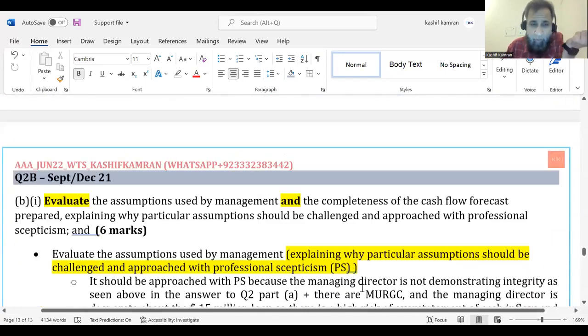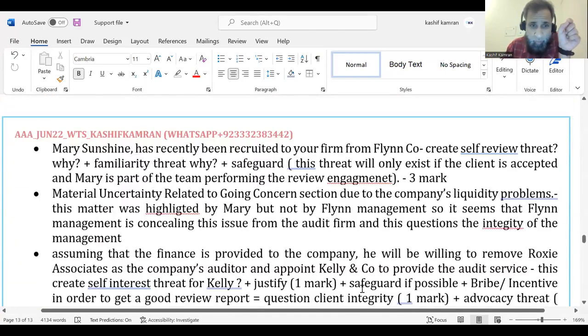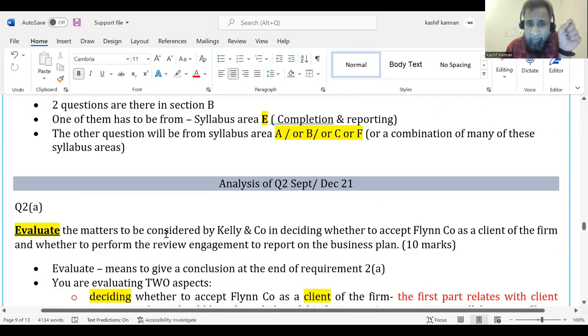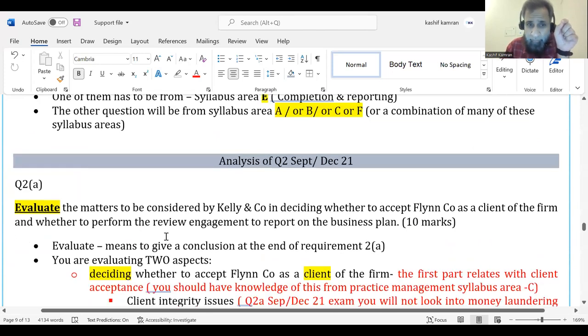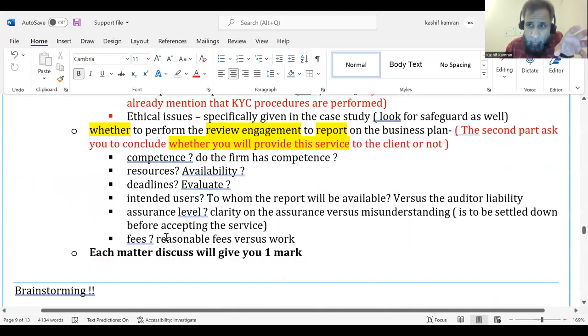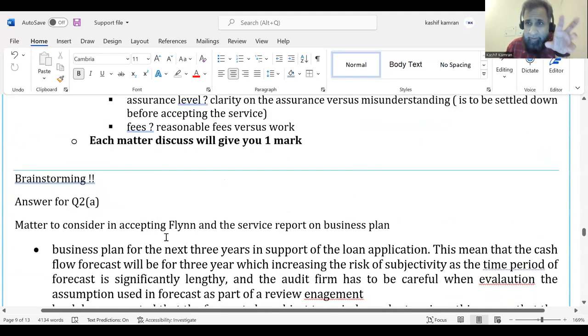Conclusion. Now, when you are looking at question number 2, which was asking you to evaluate the matters to be considered in accepting Flynn as a client and to perform the review engagement, you've seen so many factors: ethical issues, client integrity issues, the client trying to give you a bribe, an incentive.